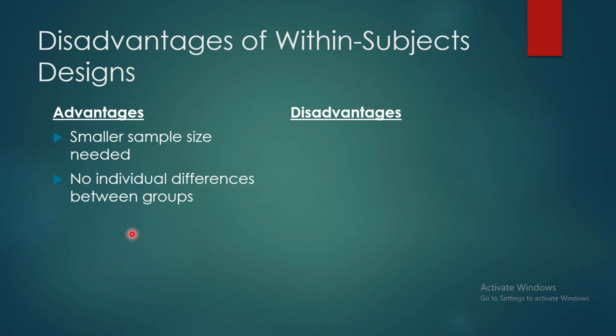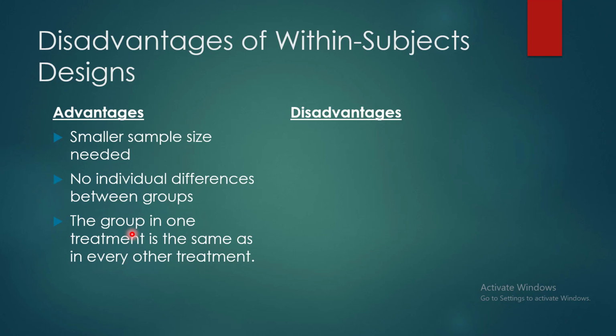So the variability within that group is the same for all of your conditions. The group in one treatment is the group in every other treatment, again because there are these repeated measures. This eliminates problems based on individual differences. It reduces variance and increases your chances of detecting a treatment effect.